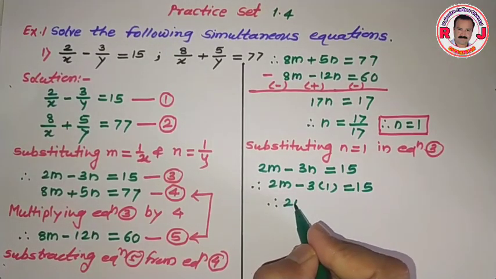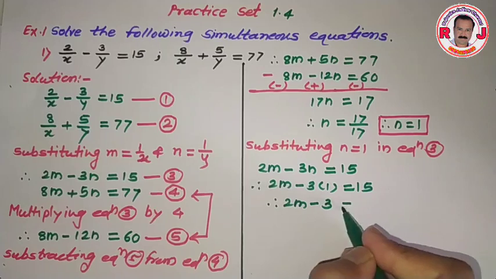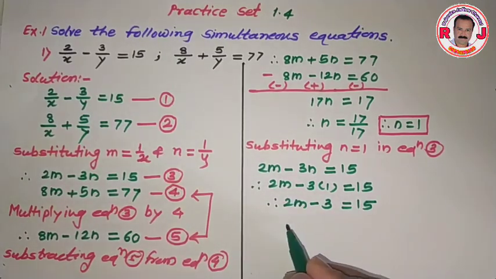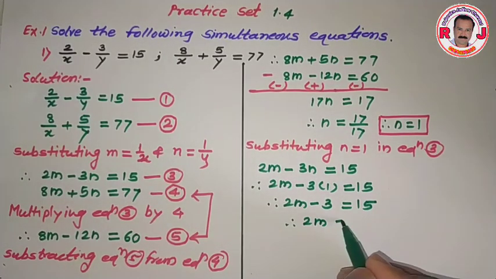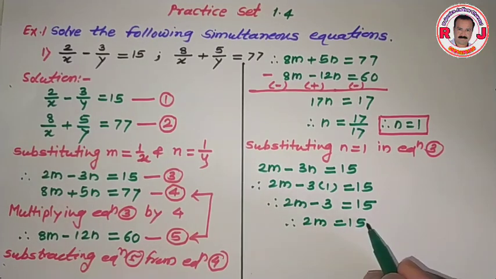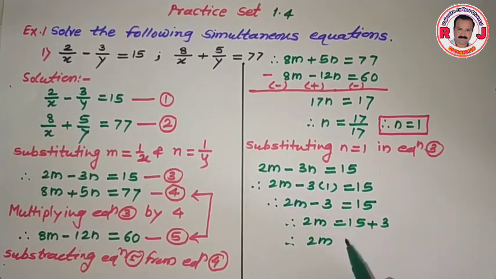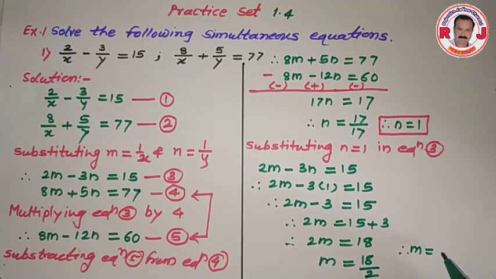Therefore 2m minus 3 is equal to 15, and 2m is equal to 15, 3 goes to right hand side, plus 3. 2m is equal to 15 plus 3, 18, and m is equal to 18 upon 2. 2 goes to divide, therefore value of m is equal to, 2 nines are 18. Here the value of m is equal to 9.